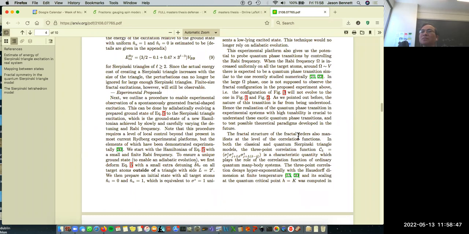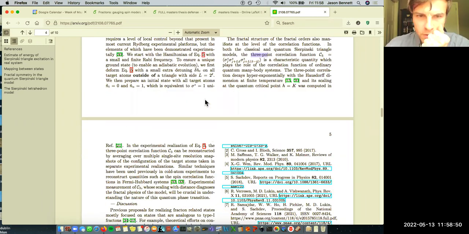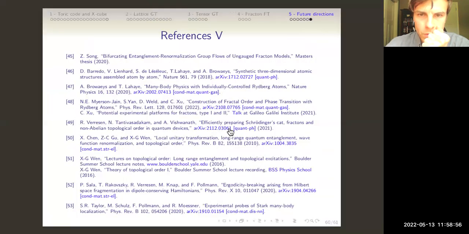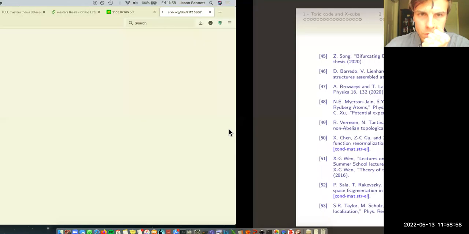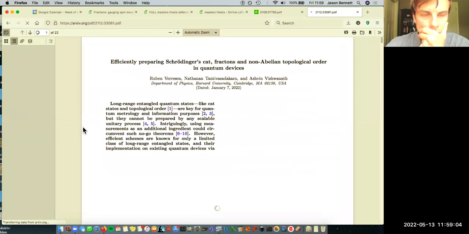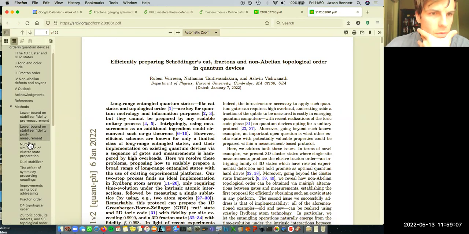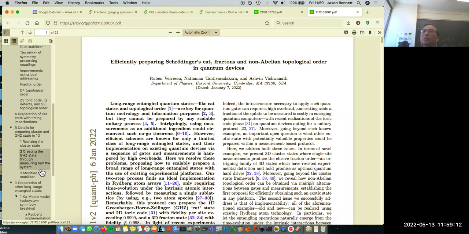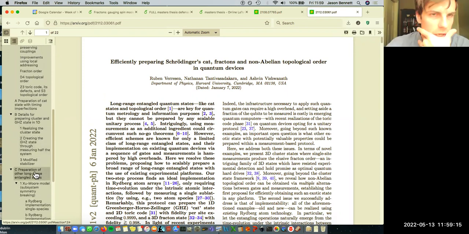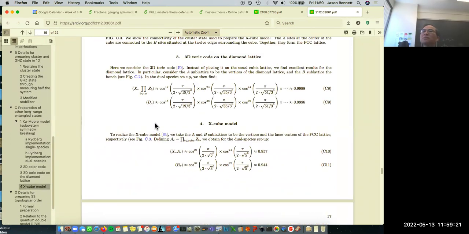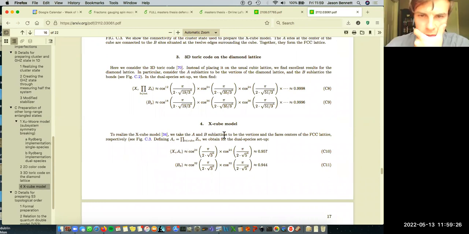Let's go to this one. The appendix of this, I believe, would be more helpful. I think this one would use more of active gate operation and measurement. So there are definitely sublattices going on.